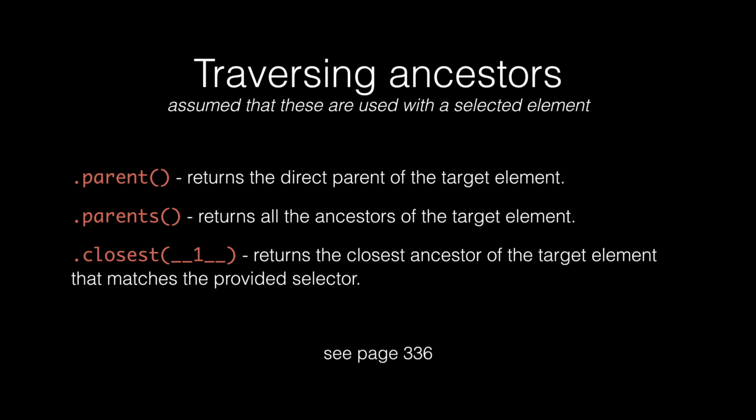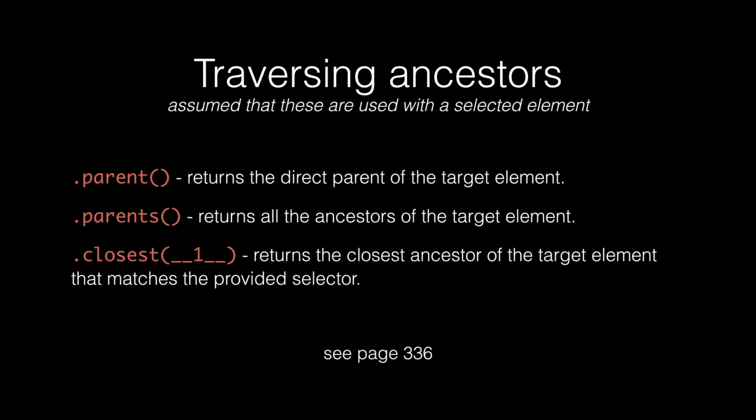So whereas find allows us to get a whole set of elements that are descendants that match some filter, with closest, we're going to search back up the ancestor tree for the first thing that we find that matches the provided selector. So we might pass in a class that allows us to traverse up the tree to that particular thing and stop right there.